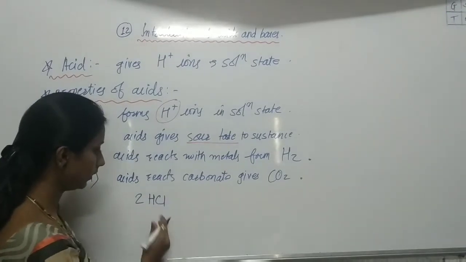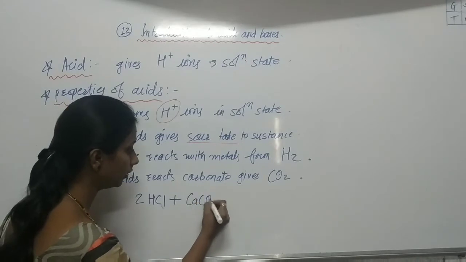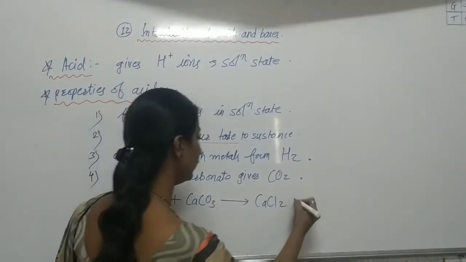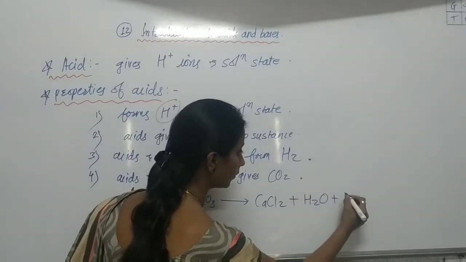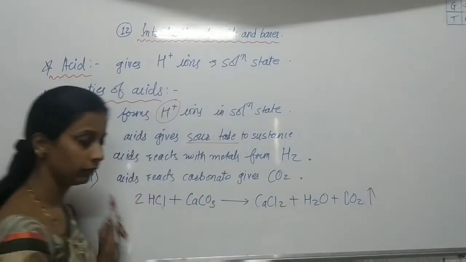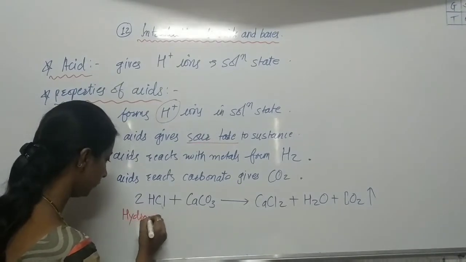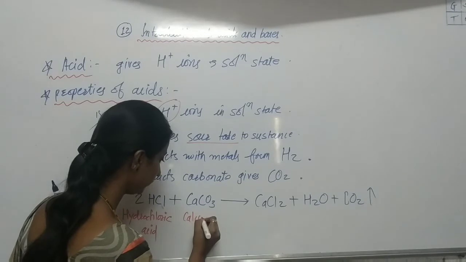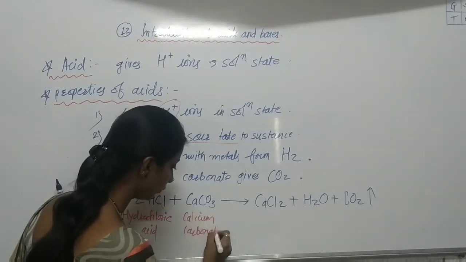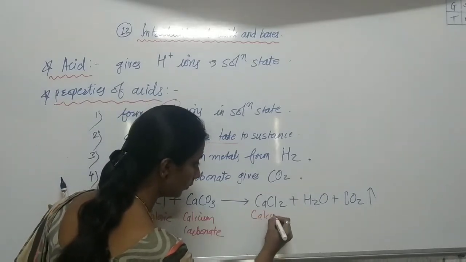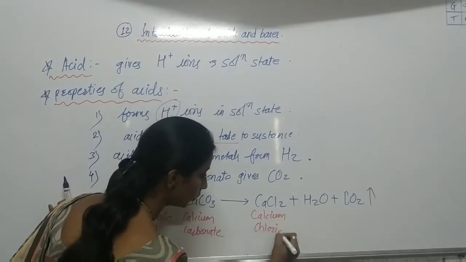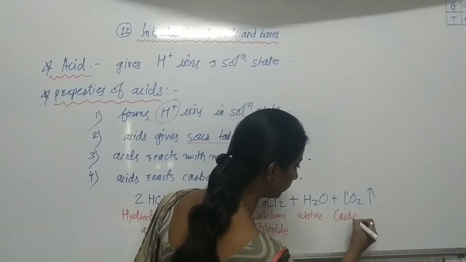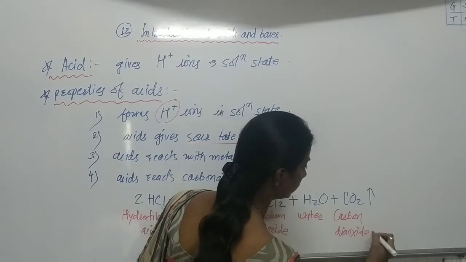Suppose we take an example of HCl, hydrochloric acid. When it reacts with CaCO3, that is calcium carbonate, it gives CaCl2, that is calcium chloride, also gives water molecule H2O and forms CO2 gas.